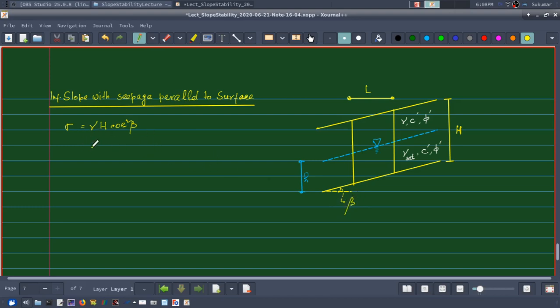So sigma is gamma h cos square beta, and what will be my pore water pressure at the failure surface?